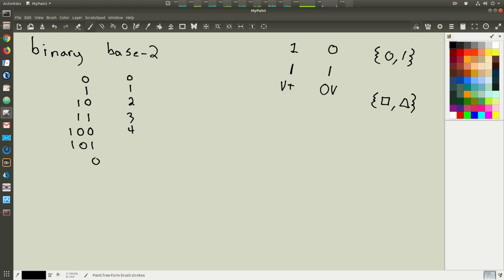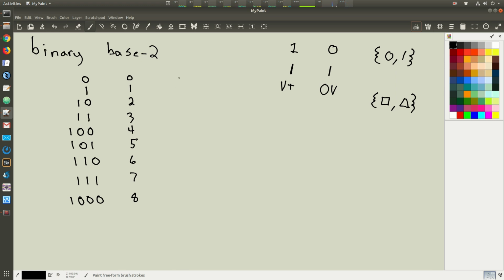So this becomes a 0, this becomes a 1, and this is a 1. And then we add a 1 again, and we have 1, 1, 1. Out of characters, that's a 0, 0, 0, 1. So this is 4, 5, 6, 7, 8. In binary, 1, 0, 0, 0 is the number 8.